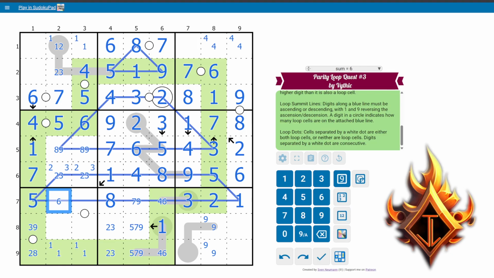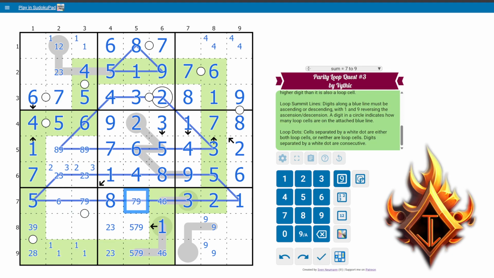Actually, I think these are just done. So this would be 6 and then 7 or 9. We couldn't go to 8. We couldn't go to 9 here because 8's 2 spots away. So that's just how that has to work out.